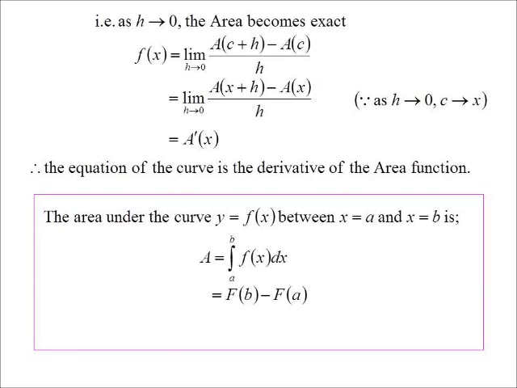We place the limits a to b, where we're going from, and then the curve that we're finding the area underneath, or integrating. The answer will be this new function, the area function. I'll substitute in the area up to b, subtract the area up to a, and that will give me the area between a and b. And function x, this new function, this area function, is in fact what we called the primitive function.